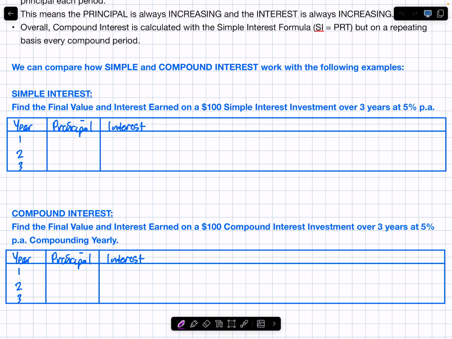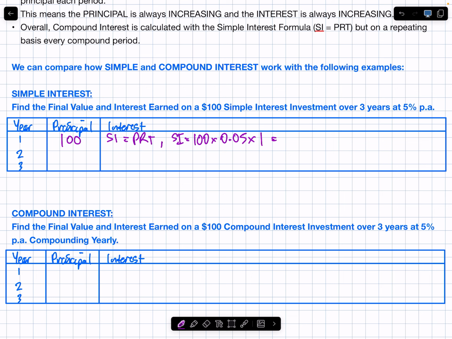So what does the maths look like for simple interest? The principal for simple interest at the start is going to be 100. And SI is equal to PRT, so SI equals the principal of 100 times by what's 5% as a decimal? 0.05 times by, and we're only doing year 1, so it's 1 year.